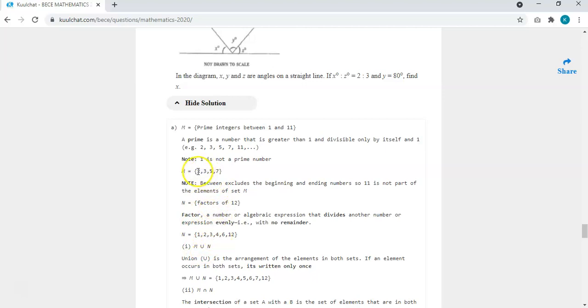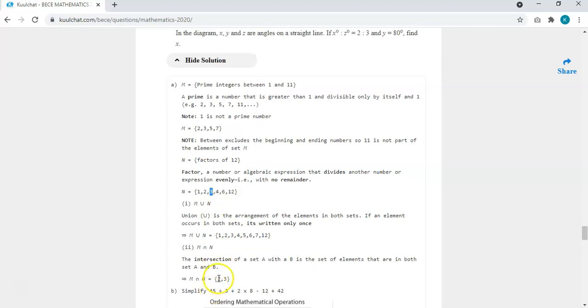We've seen 2 over here and 2 is also over here, so 2 is one of the elements. Then we see 3 here and 3 is also here, so 3 is one of the elements. We don't see any other number, so the intersection of m and n is only 2 and 3.